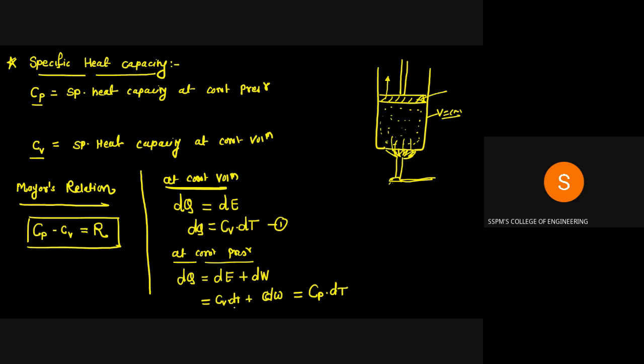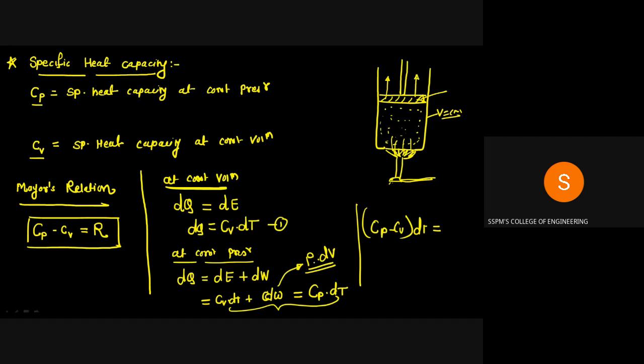Now from this equation we can write Cp minus Cv into dT is equal to dW, the work done, which is nothing but pressure into change in volume. When we supply the heat and want the pressure to remain constant, we have to increase the volume, and therefore the piston will move in the upward direction.